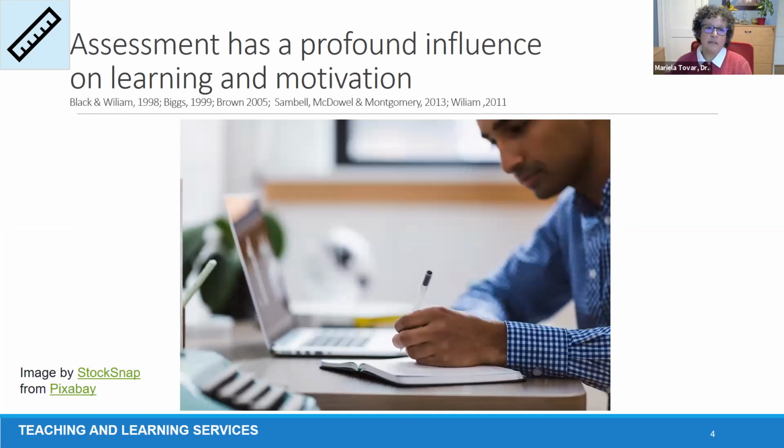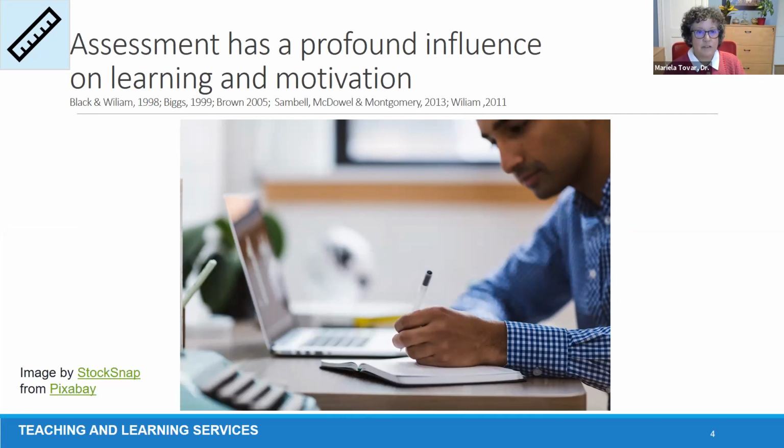So we start with one assumption, and the assumption is that assessment has a profound influence on learning and motivation. Continuously in the literature, this connection between the way we assess our students and the way they learn and the type of learning they engage in is pointed out.